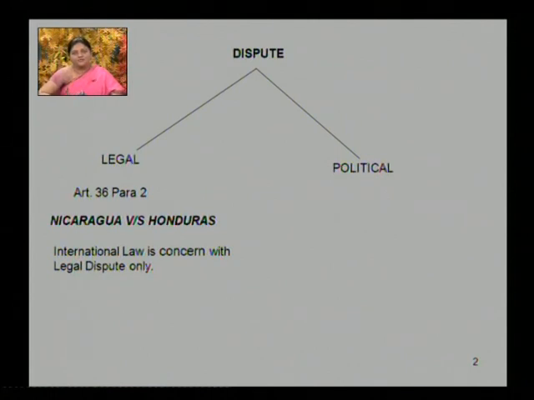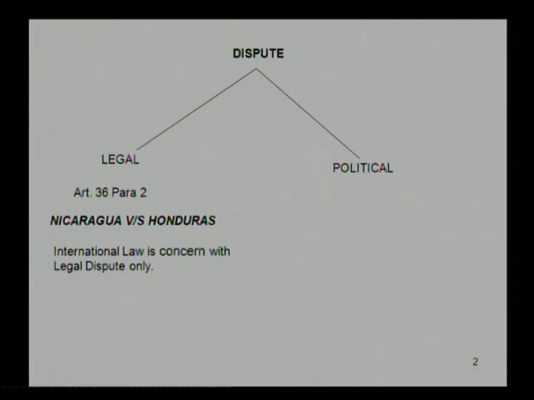Then if we are talking about international law and dispute is concerned with legal dispute only, how can we define the term legal dispute? For that, the famous international case is Nicaragua versus Honduras.